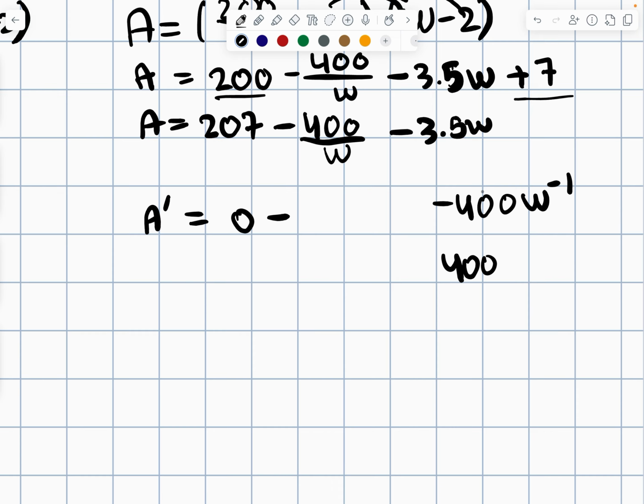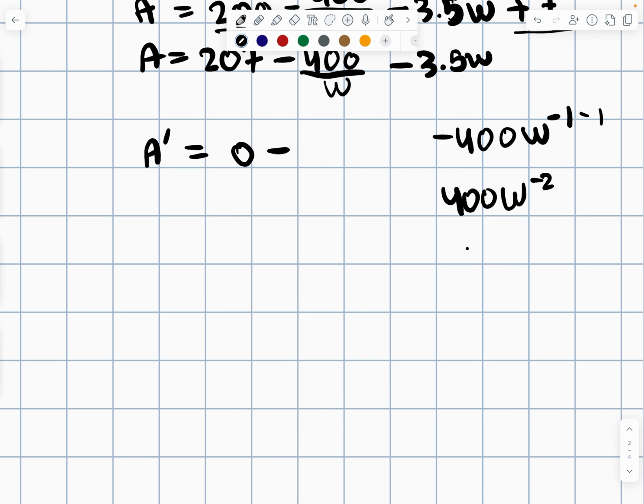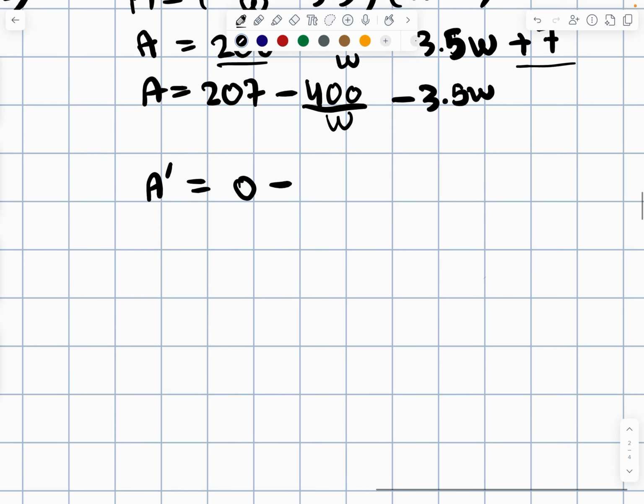It's going to become positive because negative 1 times negative 1, the negative here is going to become positive. So 400, and then we minus 1 here. That's going to give us w to the power of negative 2. And then we can rearrange that when we bring it down back to the denominator. So 400 divided by w to the power of 2. So that's what we have for that derivative. So 400, this will be positive, divided by w squared.